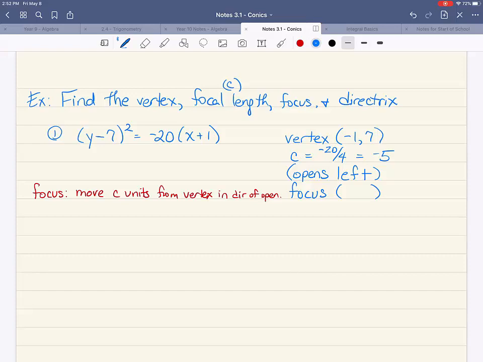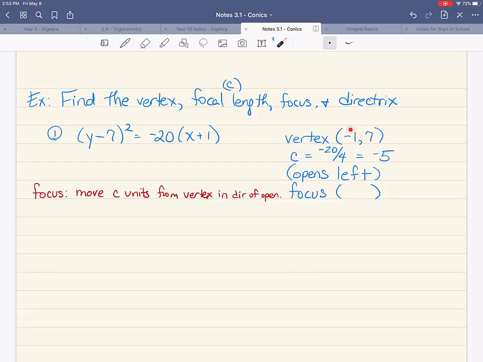So here's my vertex. I'm going to go 5 units. Even though that says negative, I want to think about it as 5. 5 units to the left of the vertex. I need to find where that's going to be because that's where the focus is going to be. So think about it for a minute. If I am moving left, which variable is changing, x or y?